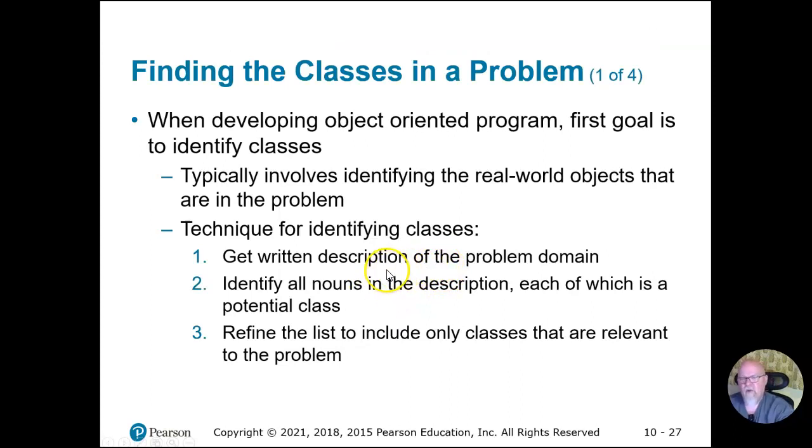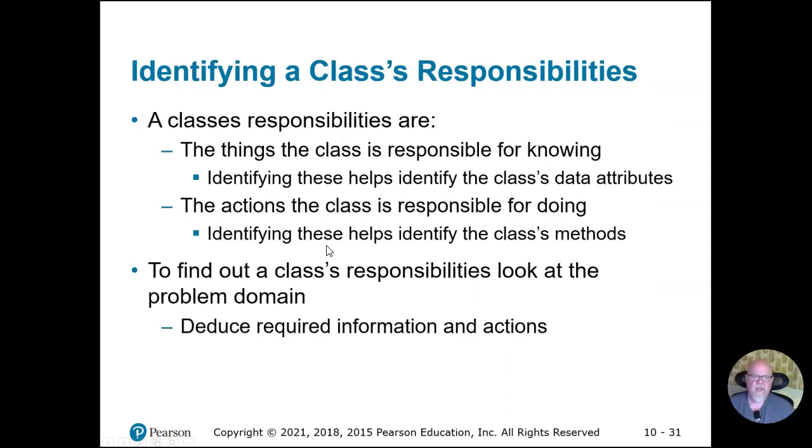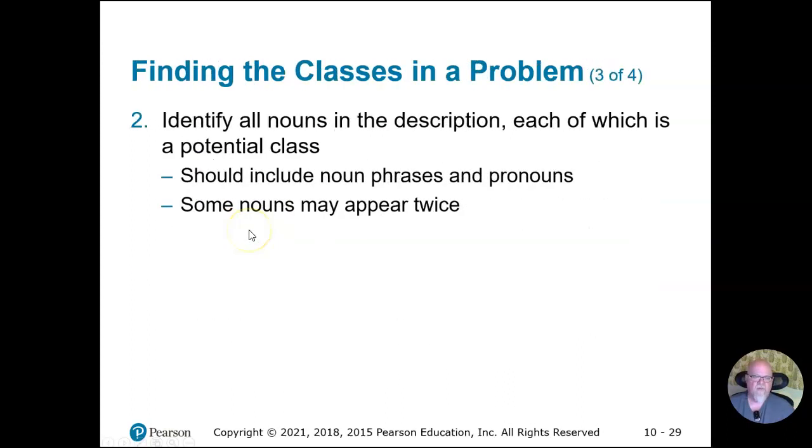So I'm not going to go through this. What they do is they've got this problem where Joe's Auto Body Shop or Joe's Garage wants us to create a particular program. It's got this big long paragraph, and we break down all of the different pieces and parts, and we get it narrowed down to 3 separate classes.